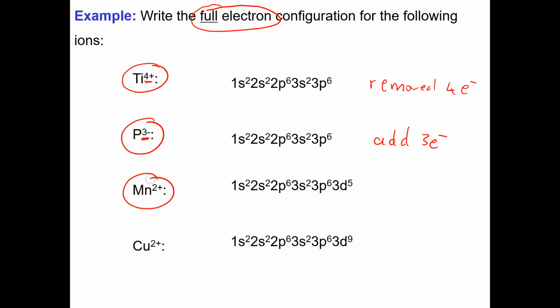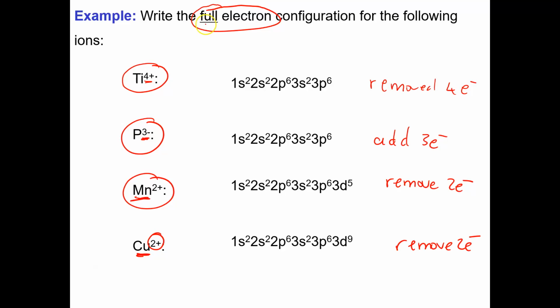For manganese 2+, I would write the full electron configuration for manganese and then remove 2 electrons. Similarly for copper 2+, I would write the full electron configuration for copper, and then take away 2 electrons.